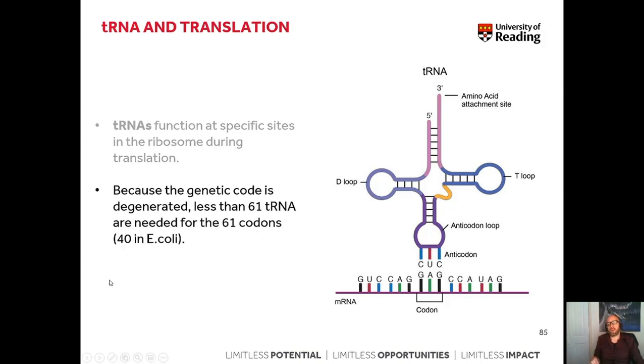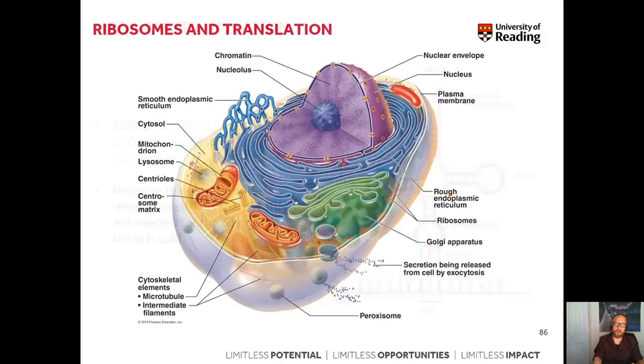What you need to remember though is that because the genetic code is degenerate, fewer than 61 tRNAs are needed for the 61 codons. In bacteria, this is slightly less, but in this module we are mainly focused on the human body, so 61 codons is the number you need to keep in mind.